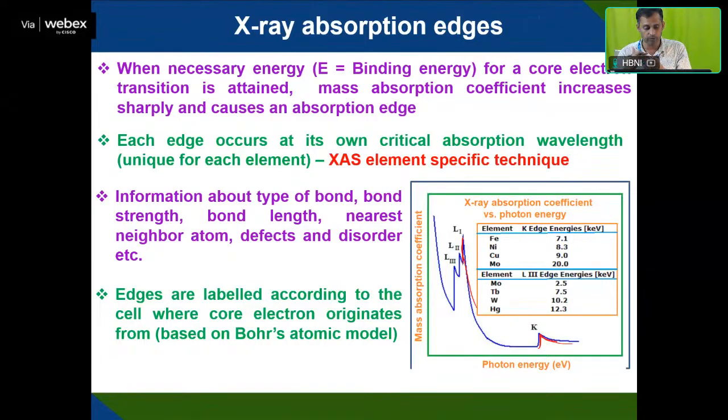Because of this, absorption shifts occur when the binding energy of a core electron transition is attained. The mass absorption coefficient mu, whatever it was initially, changes drastically once it reaches the binding energy level, and you get an absorption edge.